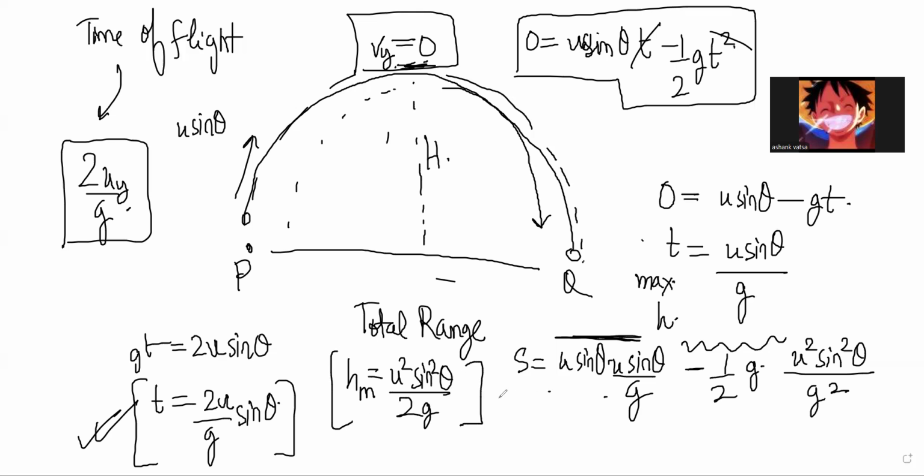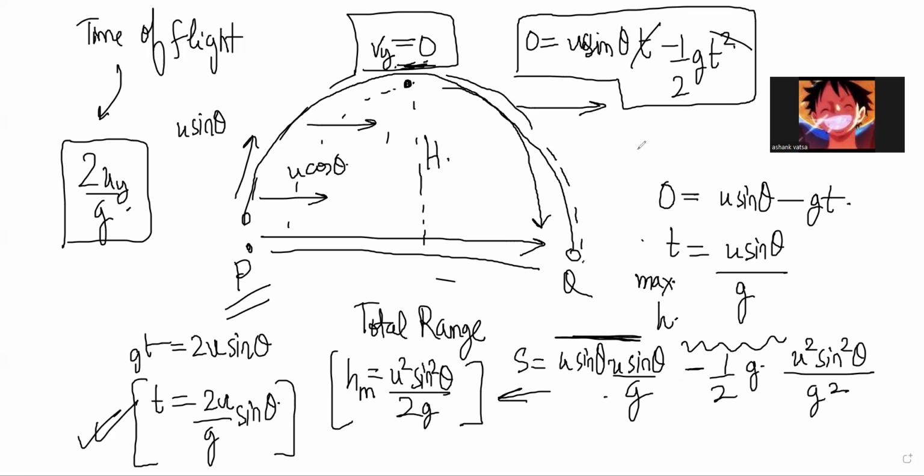So it is again coming by applying the first and second equation from this initial point to the point at which it reaches the highest point. And at the highest point, the vertical velocity is 0, right? Similarly, the final equation, which is the range of the projectile, will come by seeing that the horizontal speed of the particle is always fixed because there is no force in the x direction.